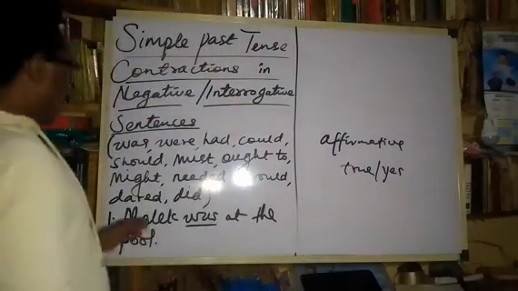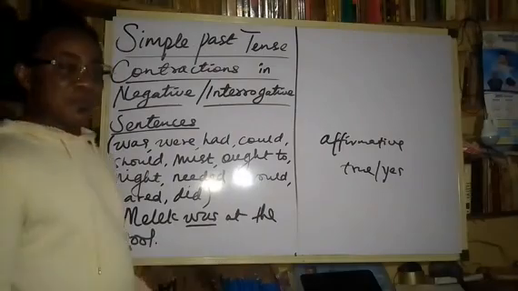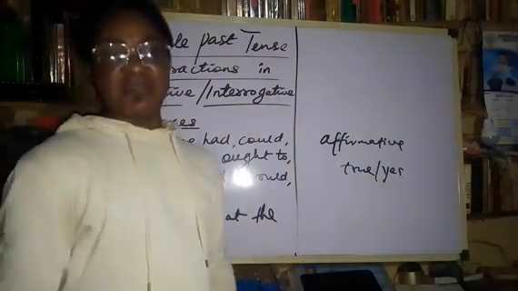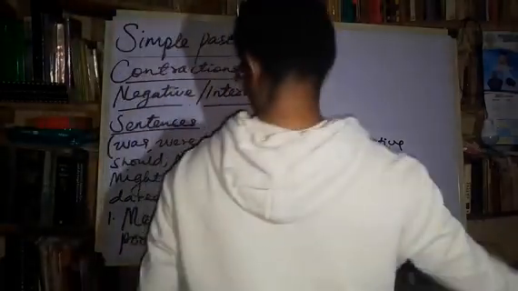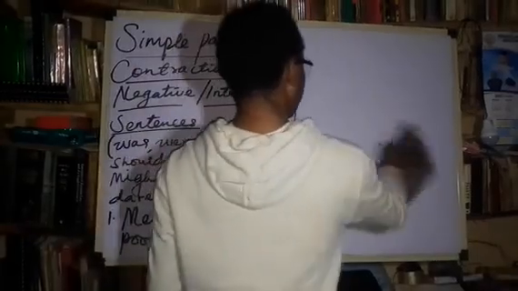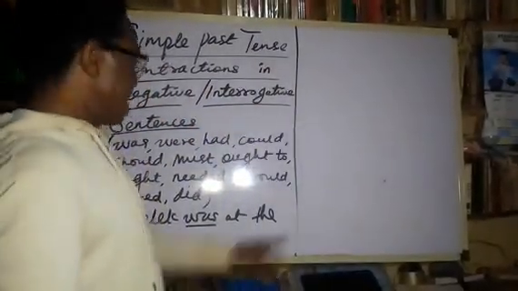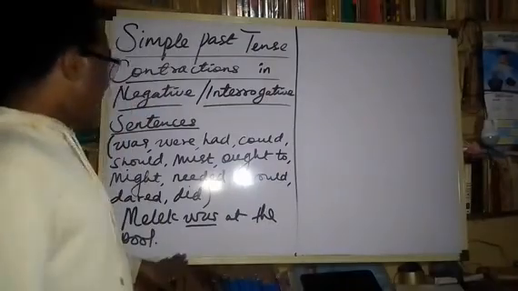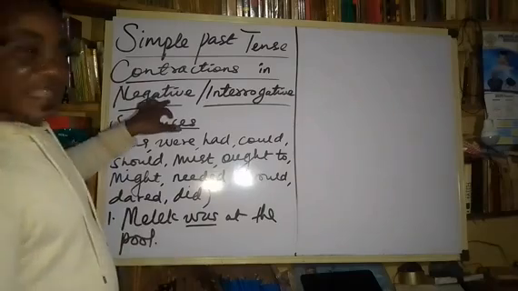Good. So in our example, Melek was at the pool is affirmative. It is a statement of fact. It is simple past tense.